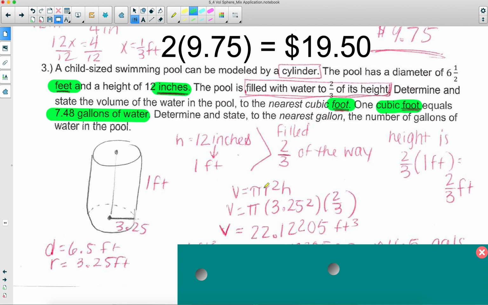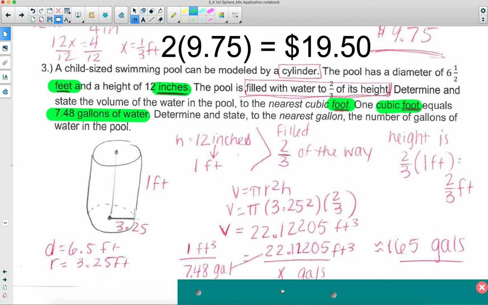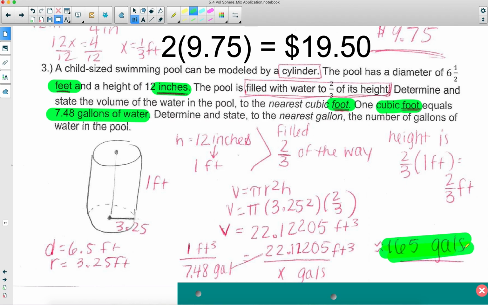So what am I going to do? Well, I know that if 1 cubic foot is 7.48 gallons of water, and I have 22.12205 cubic feet, I'm going to multiply them. And I get approximately 165 gallons of water. Okay, and again, I'm rounding to nearest gallon, nearest whole number.